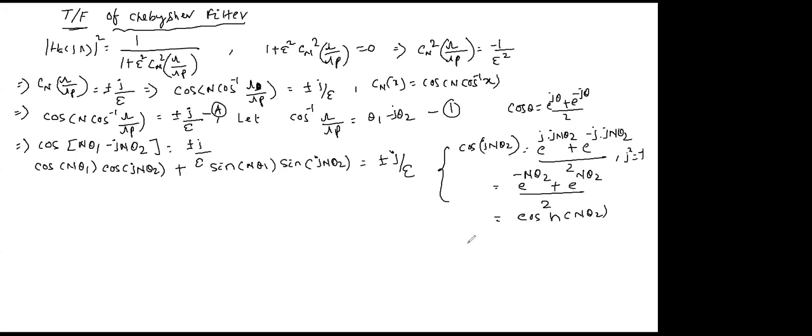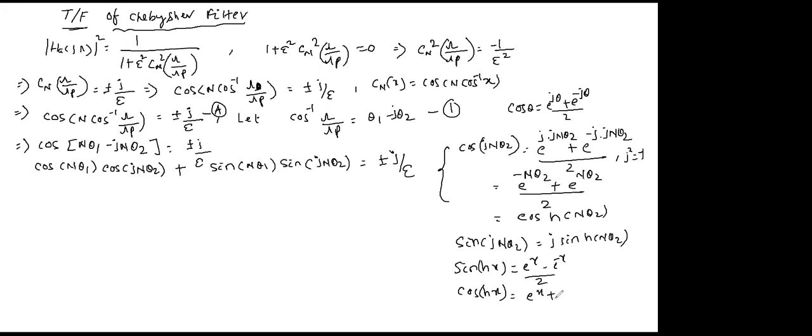Similarly, if you want to find sin of jnθ2, if you do the same process, you will get j sinh of nθ2. Because you know the formula for hyperbolic functions: sinh x equals e to power x minus e to power minus x by 2, and cosh x equals e to power x plus e to power minus x by 2.